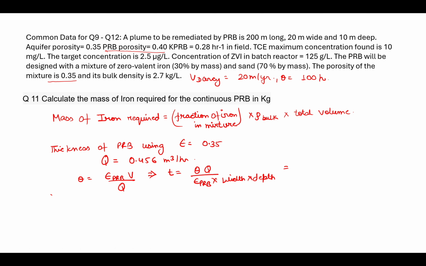So 100 hours into discharge, 0.456 meter cube per hour, divided by, now we will use the porosity of the mixture, which is 0.35.